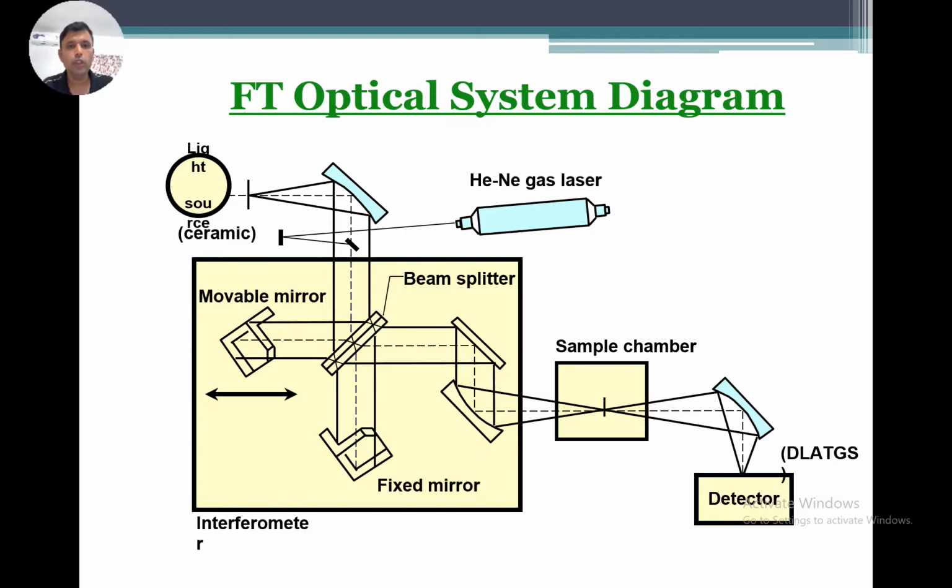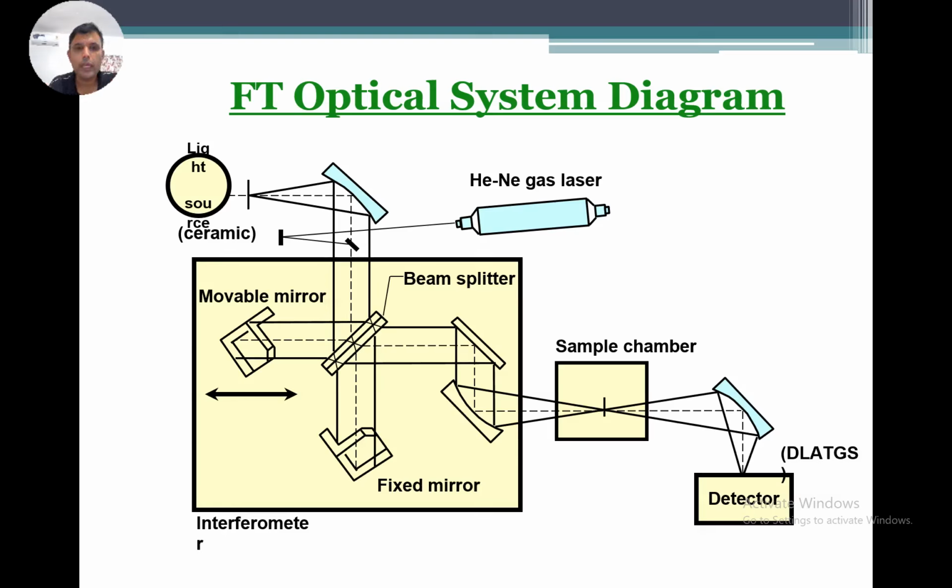Then coming to the FT optical system, in Fourier transform IR we are not going to use any dispersive element like monochromators. Instead, we are going to use interferometers. That is the basic difference between dispersive IR and FTIR.